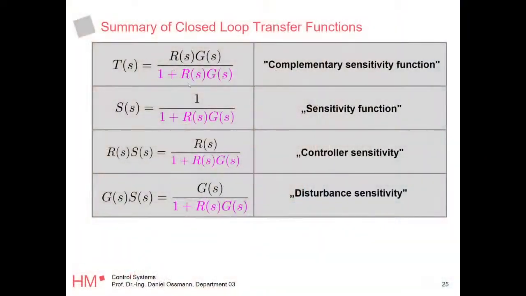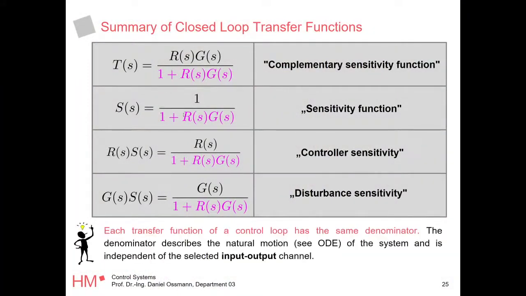We also figured all these transfer functions have the same denominator, and the denominator basically describes our poles, which correspond to the eigenbehavior of our system, right? What's different is just the numerator, which is basically how the input influences the output. And obviously, if we take a look at different channels, we always have a different input or a different output.